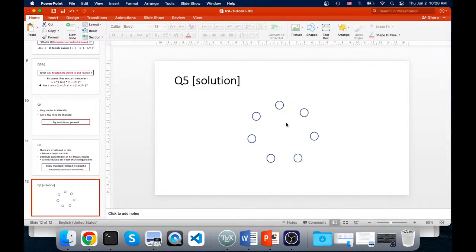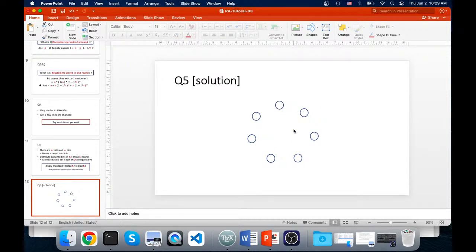Exactly one, because the distance between them is at least n over k. So if there is a ball here, there can't be any ball in the other bins. So the original setting, putting n over k balls into n over k contiguous bins, will be like putting one ball into one bin here. Is that okay? So each round in the original problem corresponds to putting one ball into this representative bin.